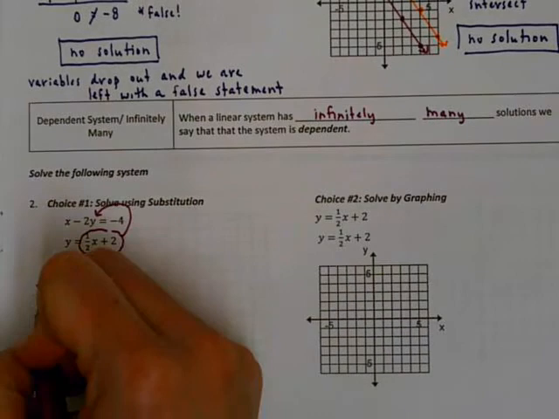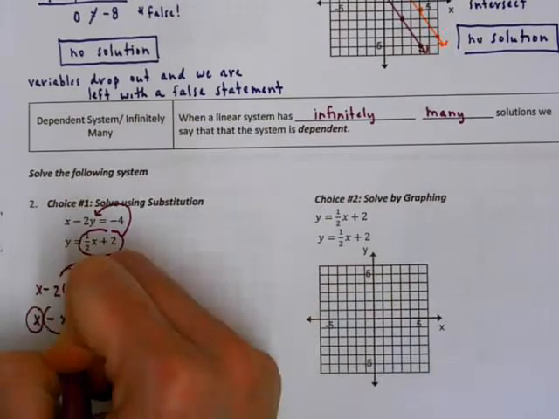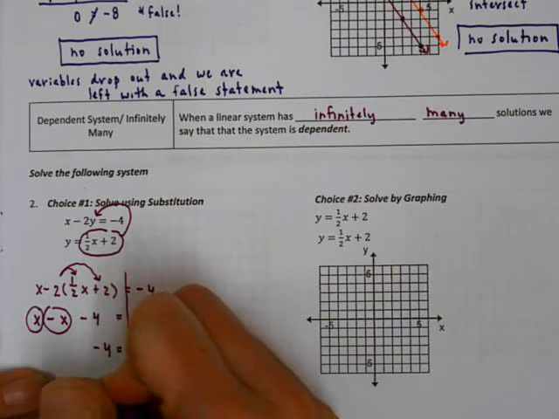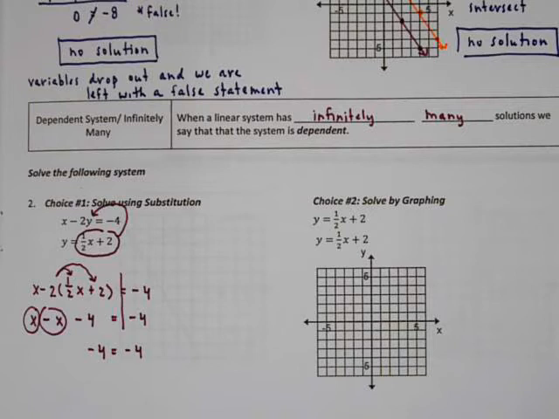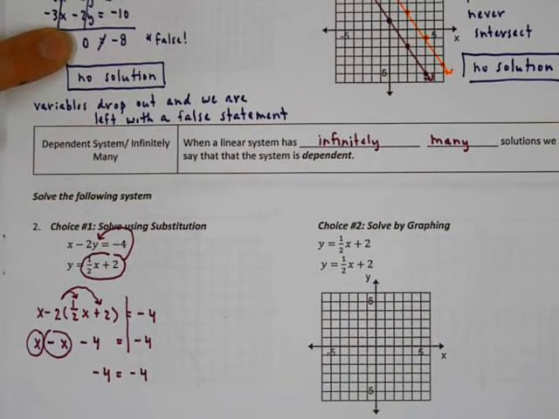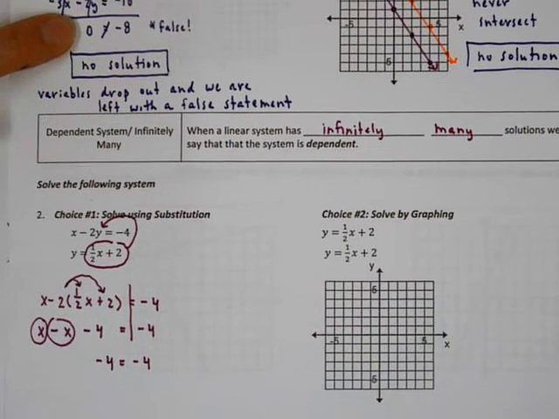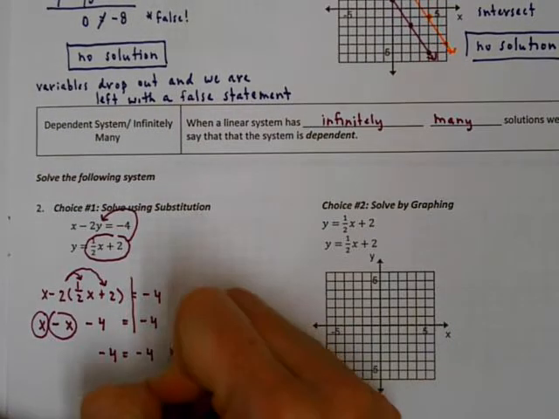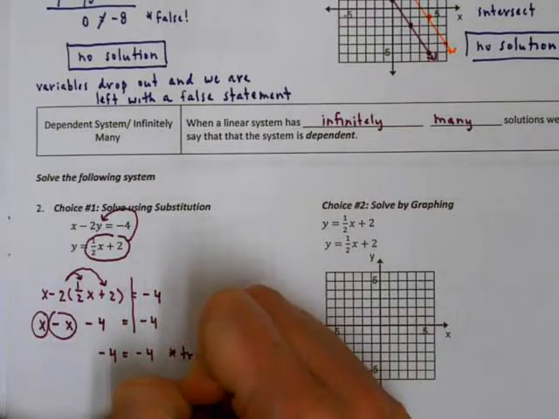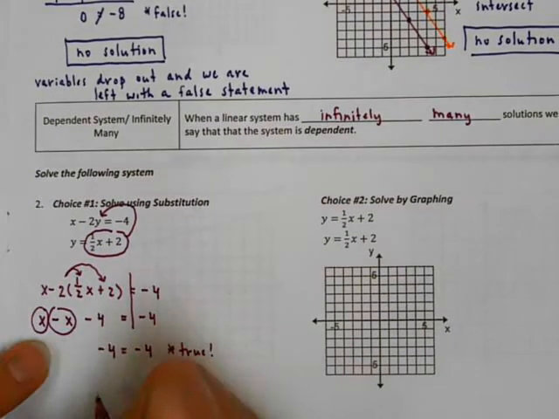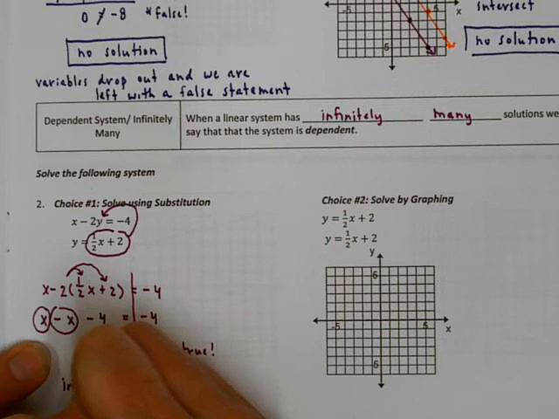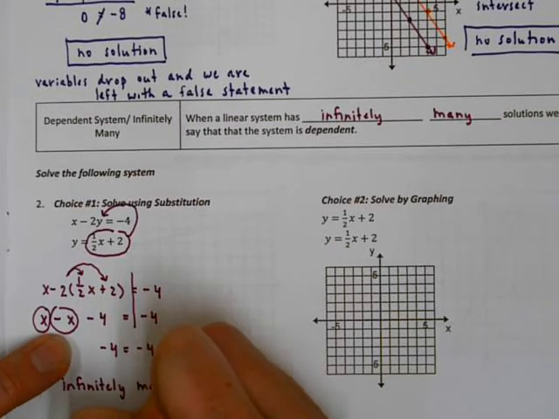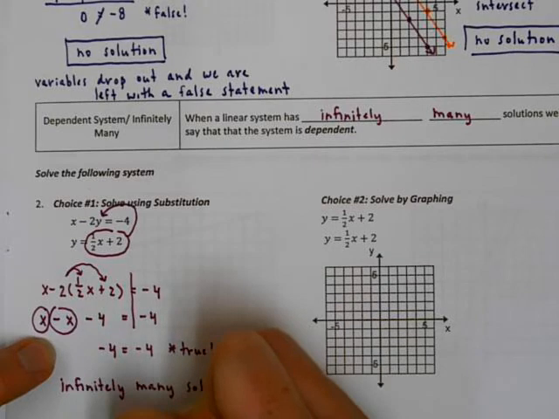Now here I notice I have an x and then I have a -x. So those are going to cancel each other out and I'm left with -4 equals -4. So just like up here, my variables have dropped out, but instead of being left with a false statement, I have a true statement. So in this case, we would say infinitely many solutions. And you have to write out those words. Infinitely many solutions.